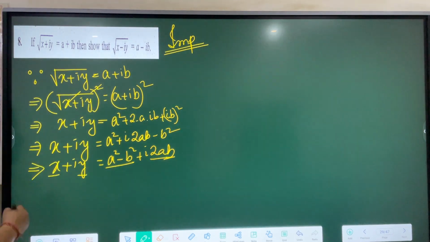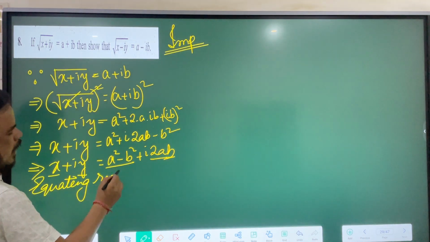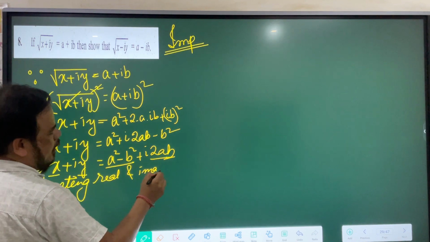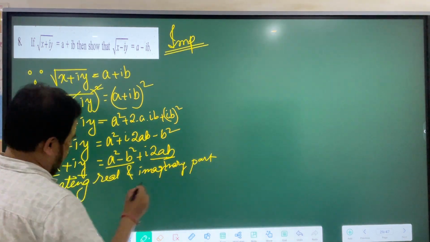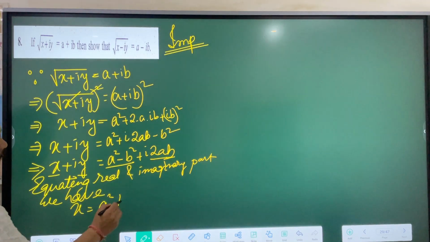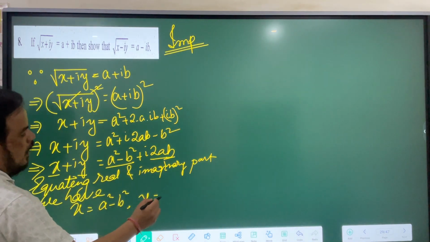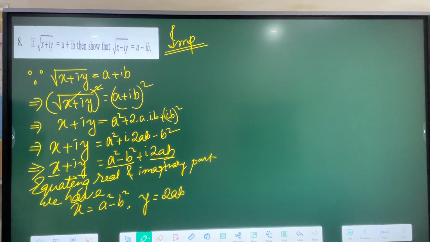This was done in exercise 2.3, equating real and imaginary parts. We have x equal to a square minus b square, y equal to 2ab.